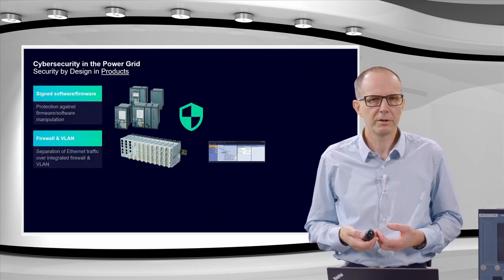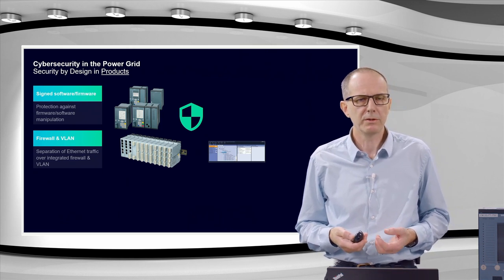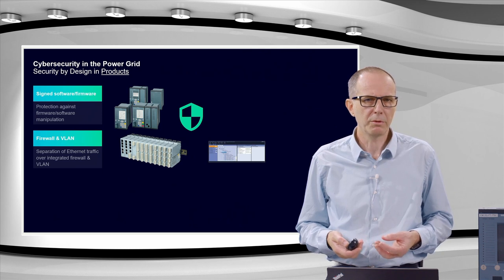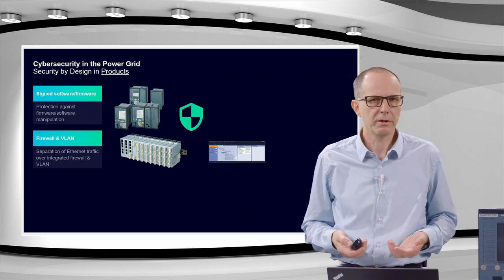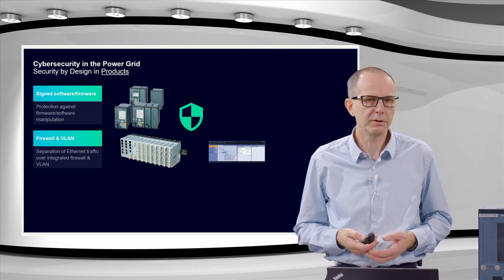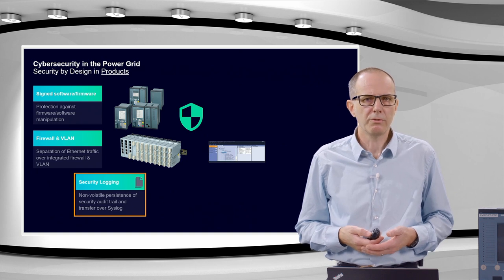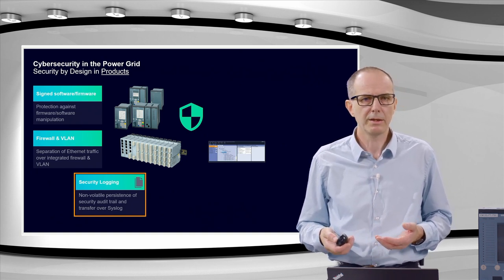As a first feature, our firmware is signed with a Siemens certificate, and this is the main protection feature against malware. And the device integrates firewall rules that do not need to be changed via configuration. For the next feature, you have to configure the connection to the partner in the device.